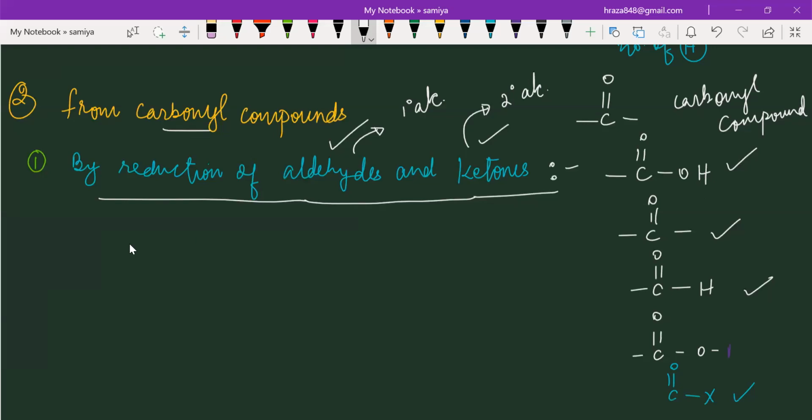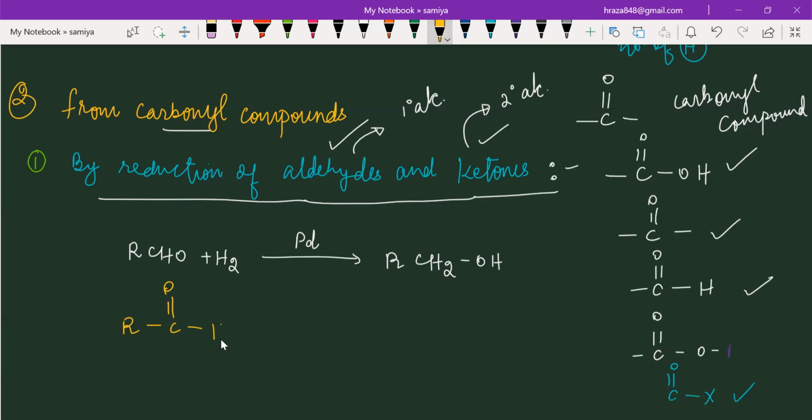You can see if you have aldehyde and you are going to add H2 in the presence of catalyst palladium, it will be reduced like this, RCH2OH. What just happened? One of the bonds between carbon and oxygen is broken and hydrogen is added to this and this.